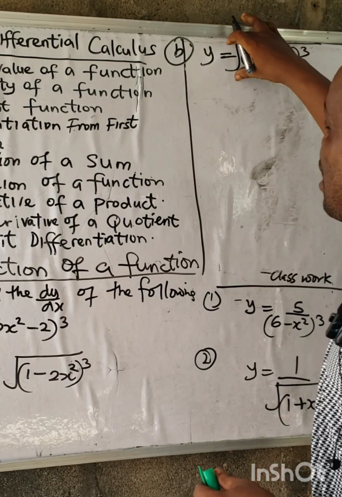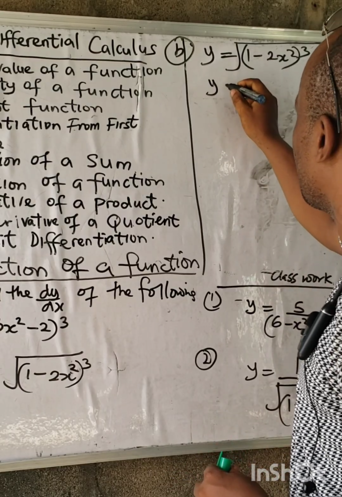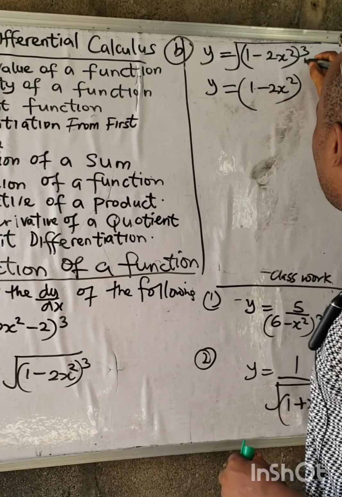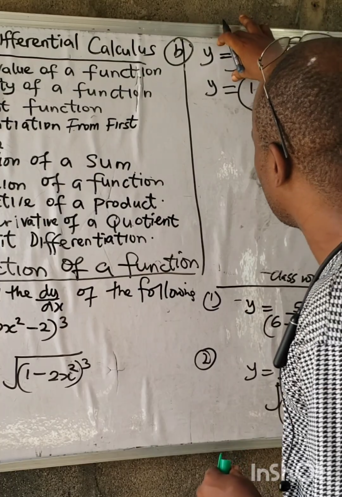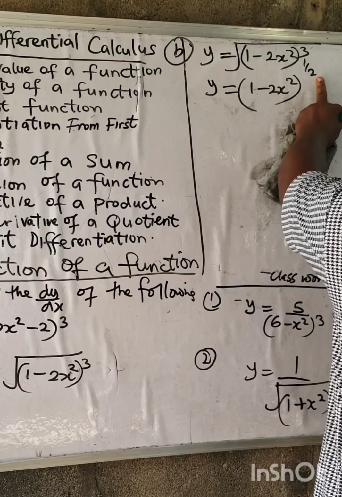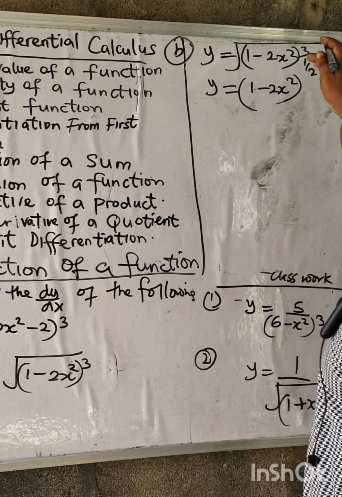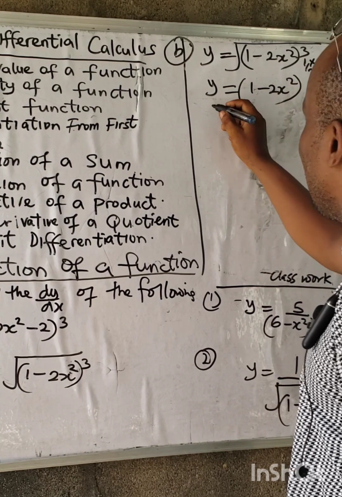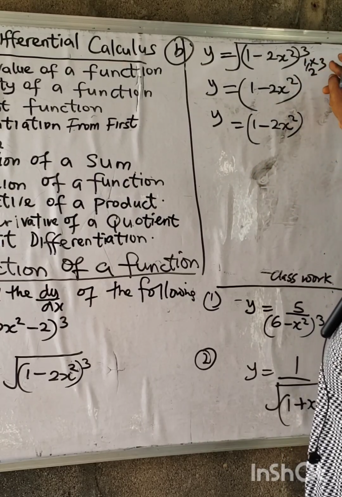When we have a square root of anything, it is raised to power 1 over 2. So our y equals (1 minus 2s squared) raised to power 1 times 3, which is 3 over 2.